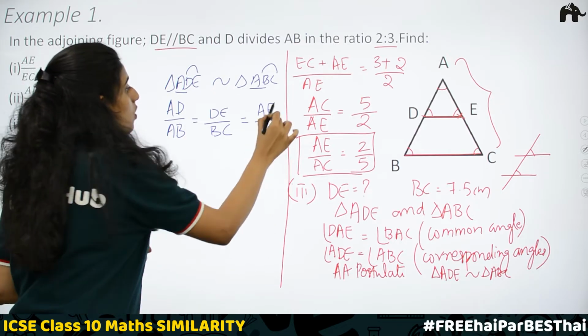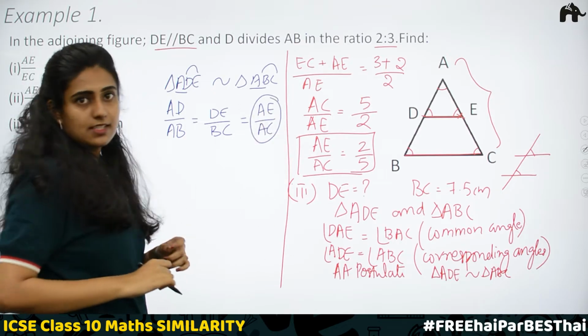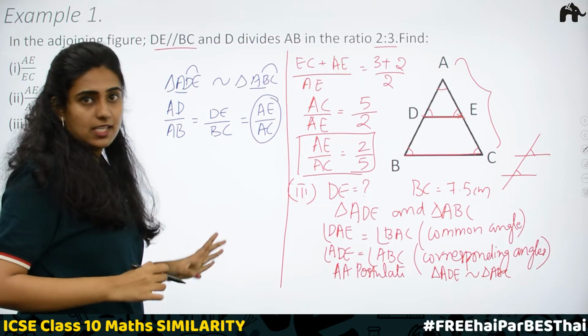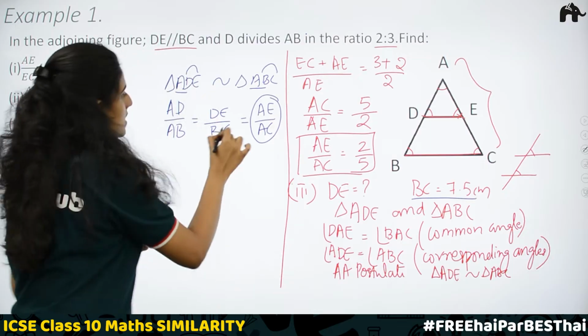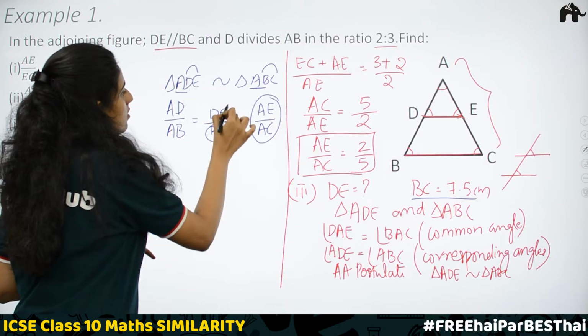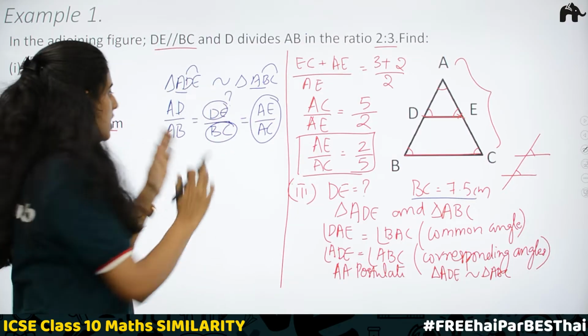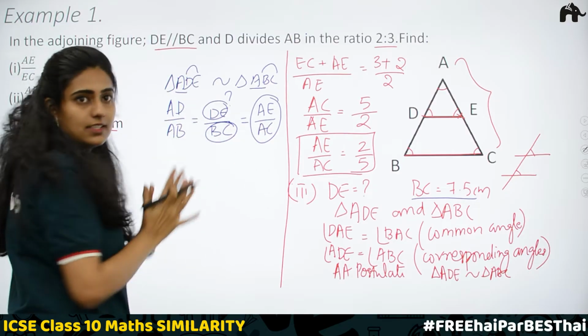Okay. We know what AE by AC is. We have determined what AE by AC is. Here we know BC, and we need to find what DE is. So neglect this part, we'll take this part.